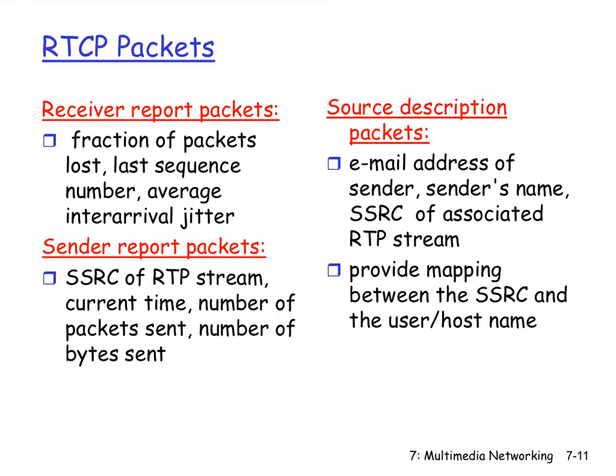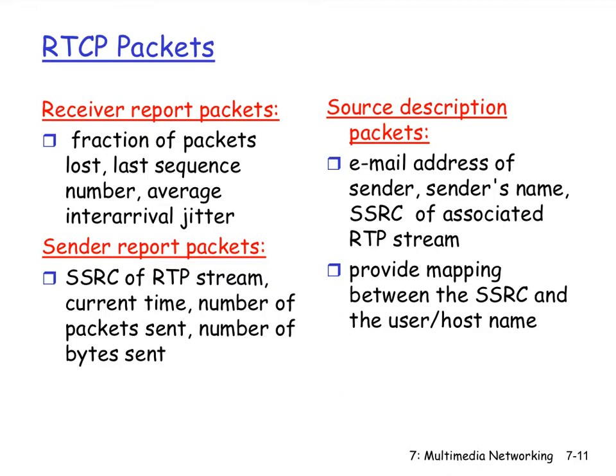It tries to count the number of packets lost for every duration of time, and then it reports the packets lost, the last sequence number, and the average inter-arrival jitter as an average over this whole duration. And then every duration, it provides these statistics as a receiver report.